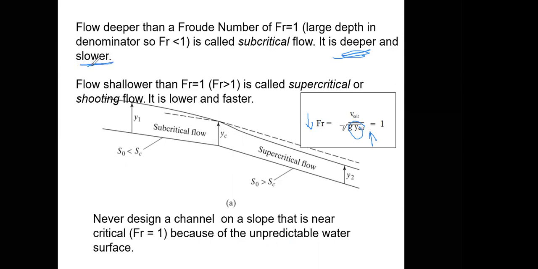So if you have a deeper and slower flow, you have a subcritical flow. If you have shallower and faster flow, you have the supercritical one.